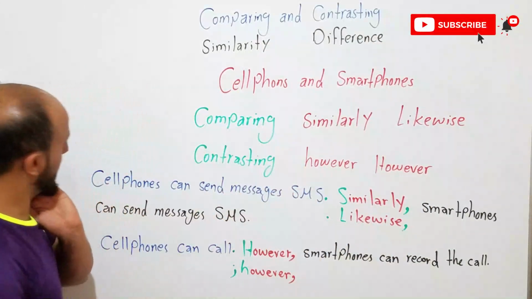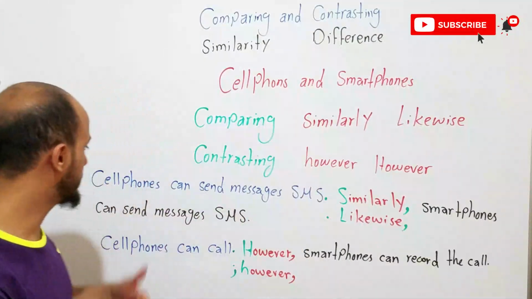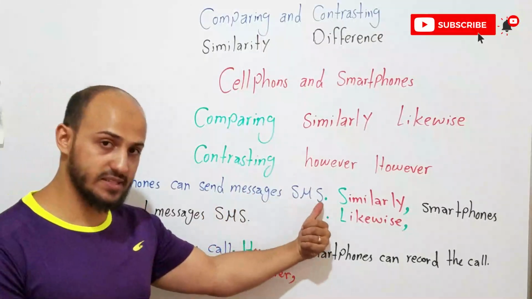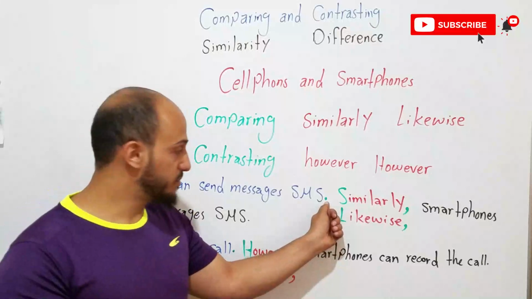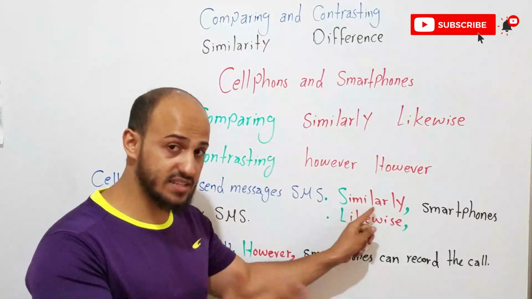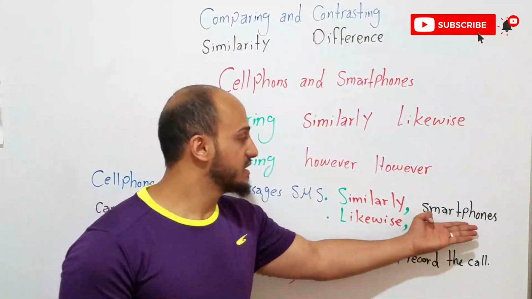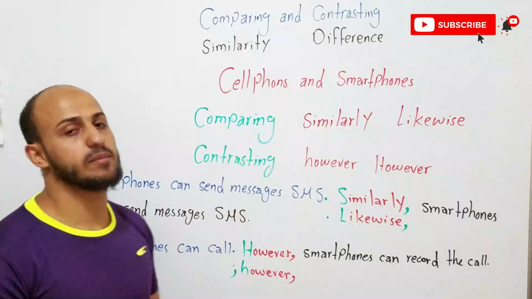Now, if we're talking about comparing, we say, cell phones can send messages, SMS, period, full stop. You can say similarly or likewise, no problem, comma. Smartphones can send messages, SMS.